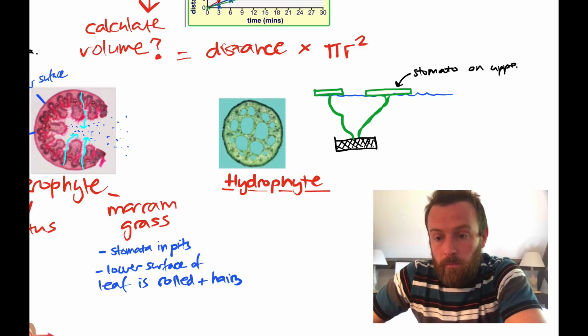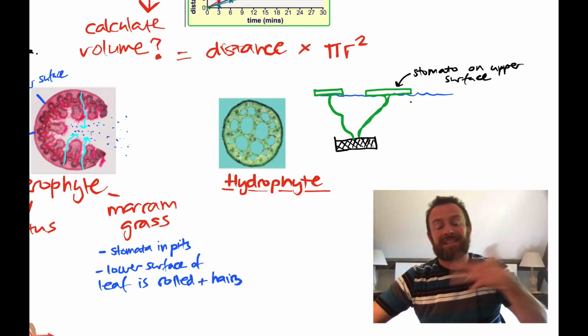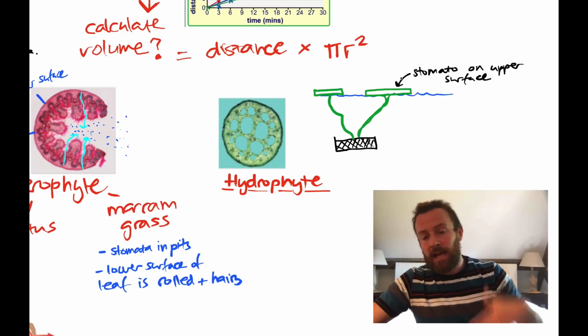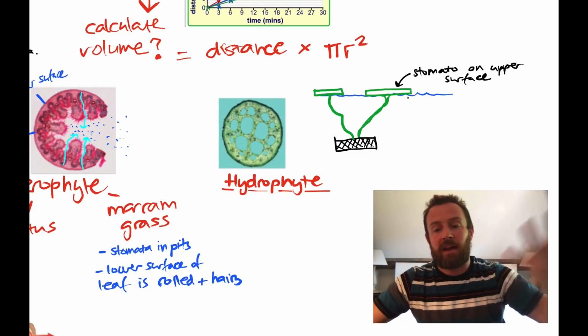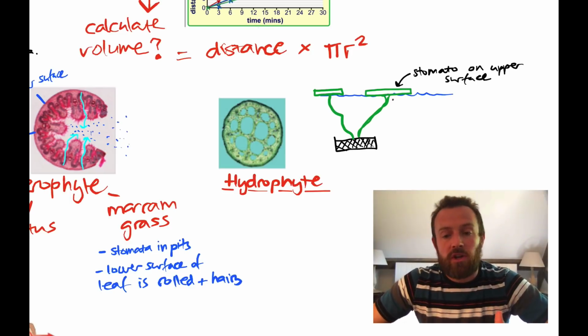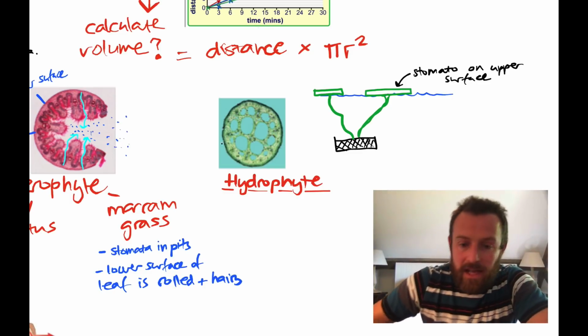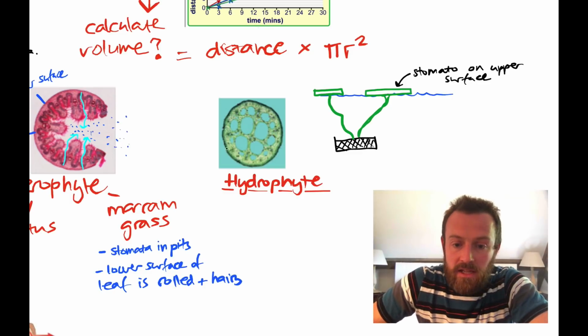So the reason that is essential is because the lower surface is water. So to do gas exchange with the air, to get carbon dioxide from the air, the plants need to have the stomata on the upper surface. So that's one key thing. Also, the leaves and the stem need to float up to the surface. So that's what these things are, okay? These are air spaces.